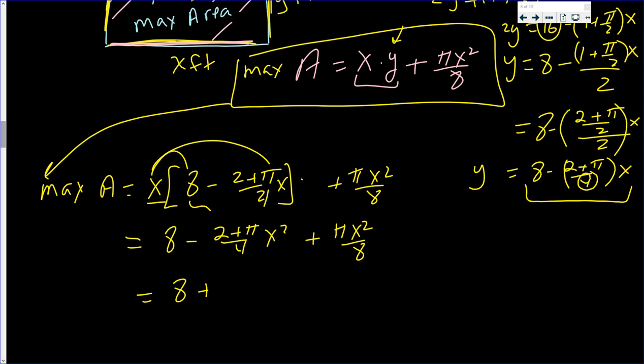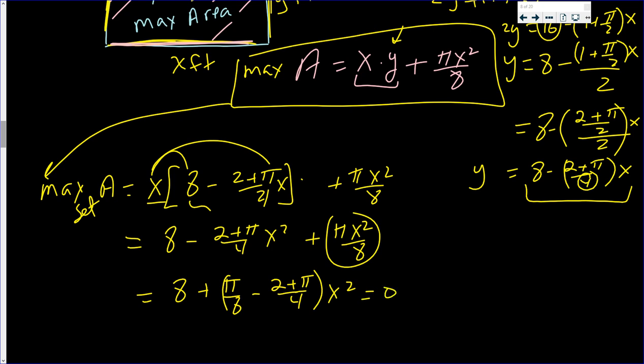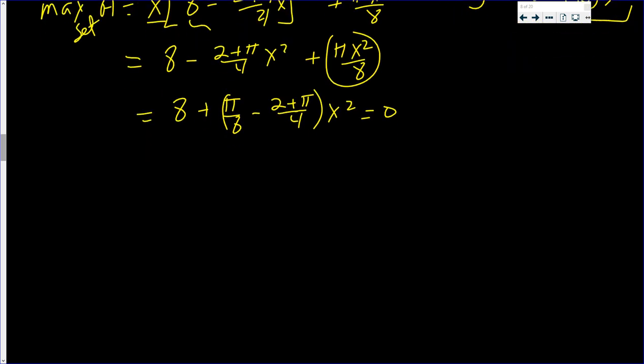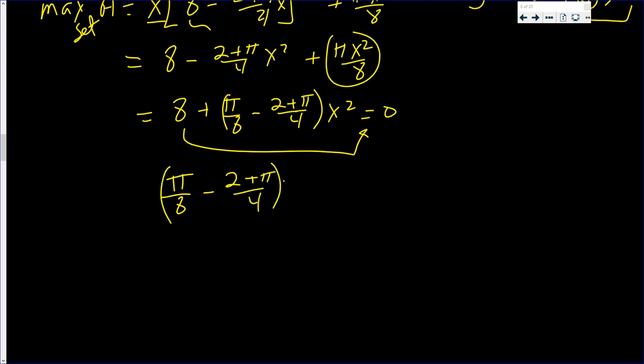So I have pi over 8 x squares, and I'm taking away (2 plus pi over 4) x squares. And I want to set this equal to 0. Okay. Now, if I bring the 8 over to the other side, I have (pi over 8 minus (2 plus pi over 4)) times x squared. This is equal to negative 8.